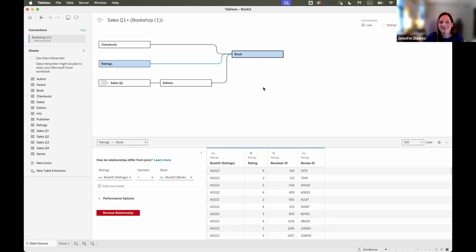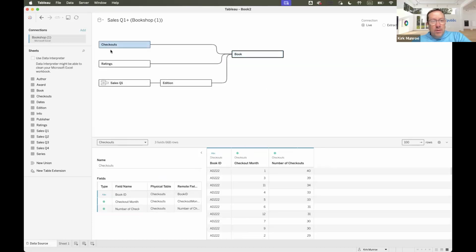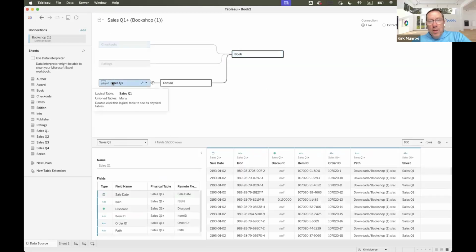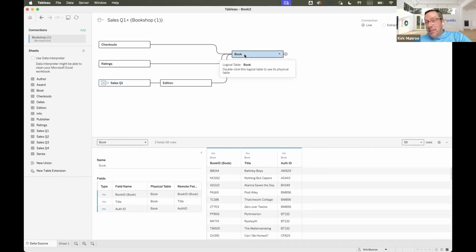It's almost ironic, but there are loads of checkouts here, and maybe more sales. You'll notice there are 56,000 sales and only 58 books.